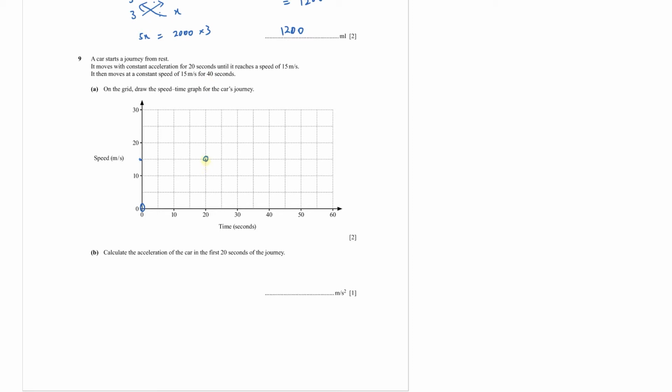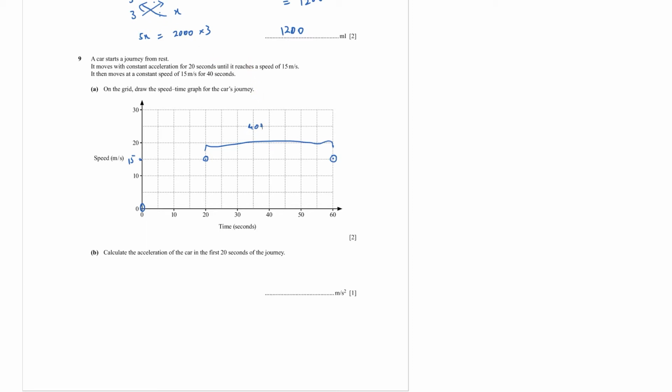So after this, it moves at this same speed of 15 for another 40 seconds. So here you are at 20, then if you add another 40 seconds, you will end up at 60. So this will be your third point on the graph, because the car moved at the constant speed of 15 meters per second for another 40 seconds. So this here is the 40-second length.